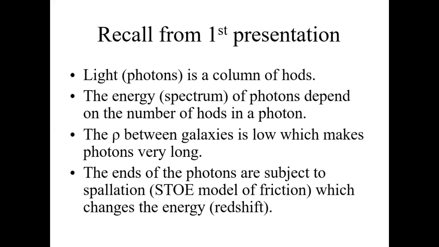The plenum density, rho, between galaxies is low, which makes photons very long. The ends of photons are subject to spallation. This is the STOE model of friction, which is where end hods simply are removed from a photon or other particles, which changes the energy or the redshift.